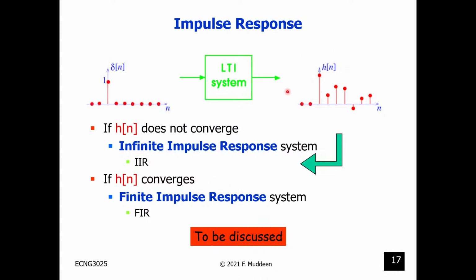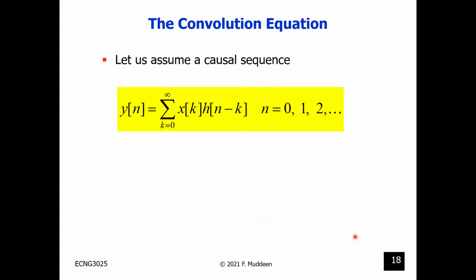If the h of n system does end at some finite value, or some finite sample index, it is referred to as a finite impulse response system, or FIR. And we'll be discussing IIR and FIR in particular when we hit filter design later on in the lecture series. So for now, let's assume a causal sequence, y of n here represented by a convolution sum.